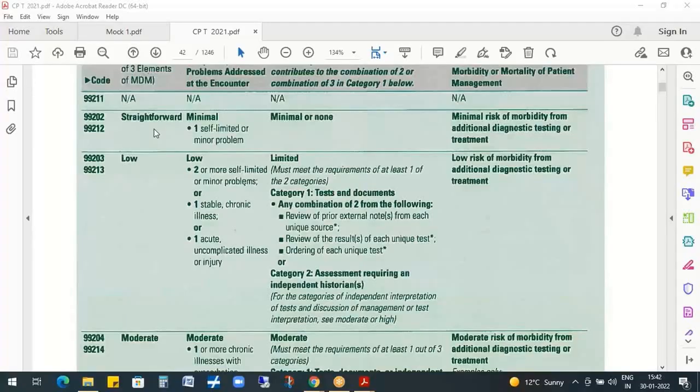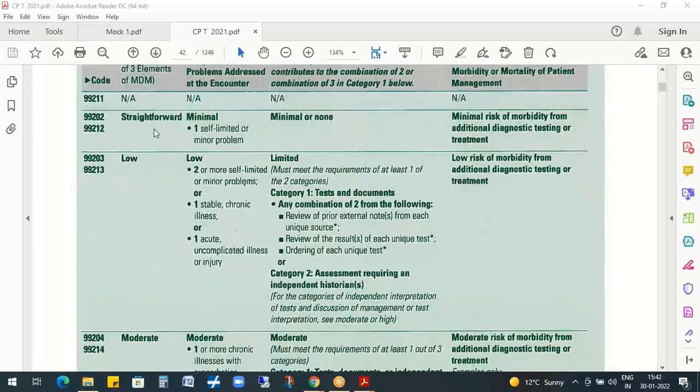Next, any other questions you are having? Mohan, can you tell about conscious sedation, when to use and with which procedures to be used? Which one? Moderate sedation or conscious sedation?